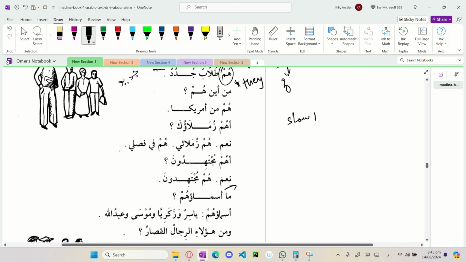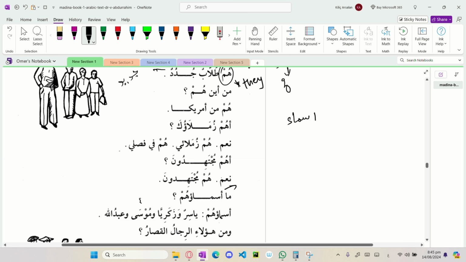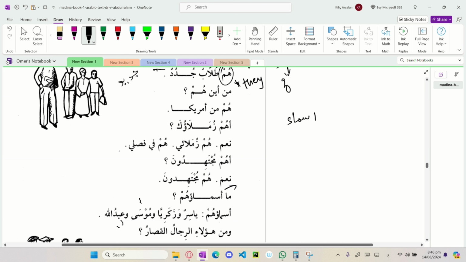Zakariya and Musa are special names, so you can't have a marfu or majroor on them. Abdullah is a mudaf and mudaf ilayh: the word Allah is the mudaf ilayh, and abd, which means slave, is the mudaf.